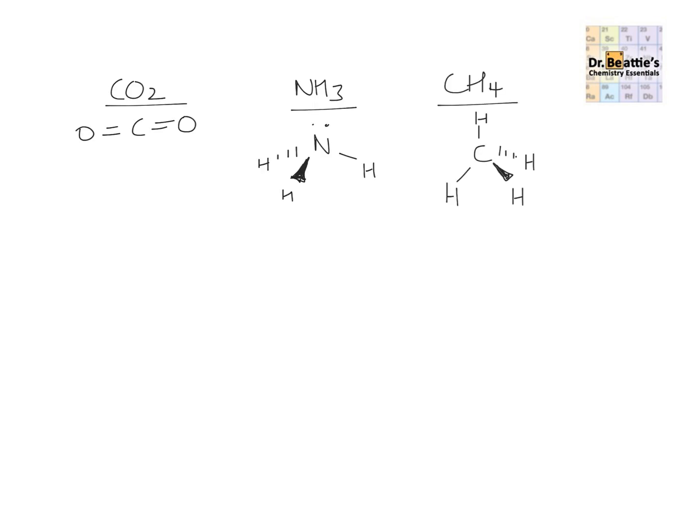And one thing to be really aware of is how we've constructed a three-dimensional shape here, especially in ammonia. So we've got this wedge that is coming towards us, so the thicker end of the wedge is closest, the thinner end is toward the atom, so it's showing this hydrogen coming at us.